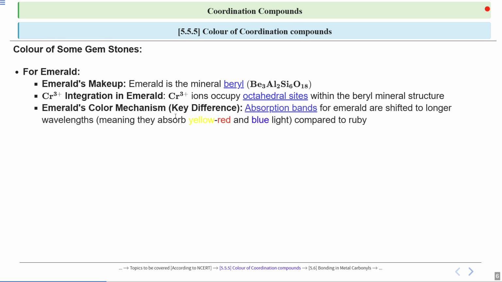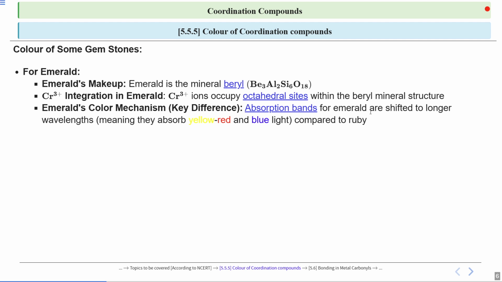Emerald's color mechanism, which is a key difference. The absorption bands for emerald are shifted to longer wavelengths. Absorption bands mean the specific region of light that is absorbed by the specific stone.